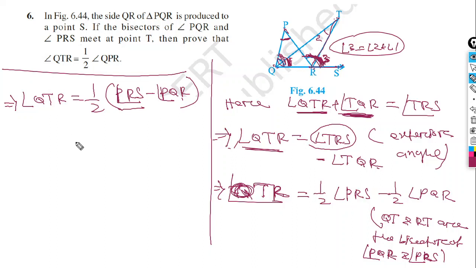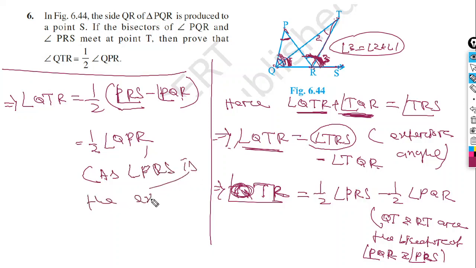So we'll write which will be equal to 1 by 2 of angle QPR, as angle PRS is the exterior angle of triangle PQR.